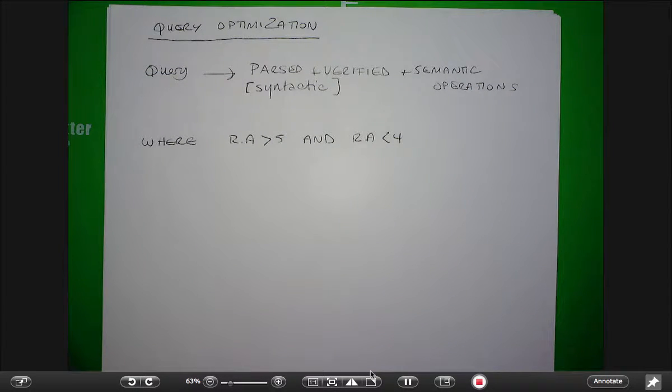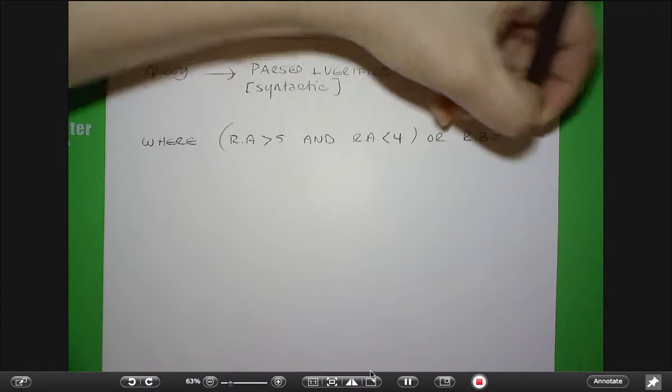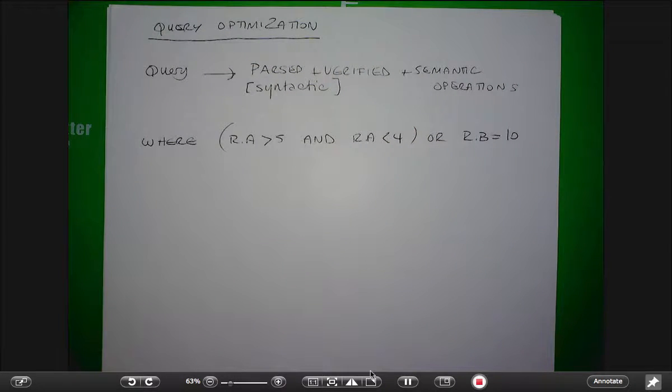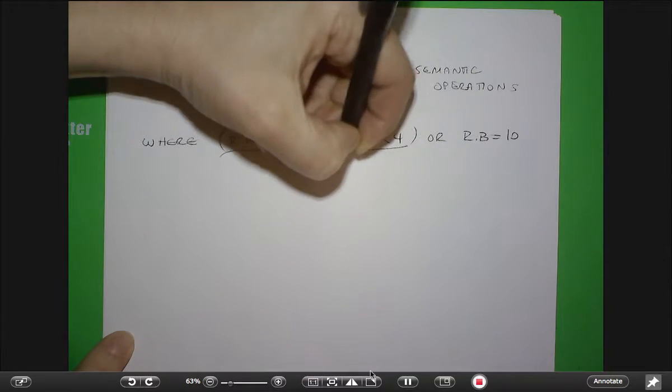And then you wrote, or r.b is equal to 10, right? I am familiar with things like this because I teach CS1. So what do we see about this query? Can a value be greater than 5 and less than 4 at the same time? So this part can never be true, right? So this is always false.